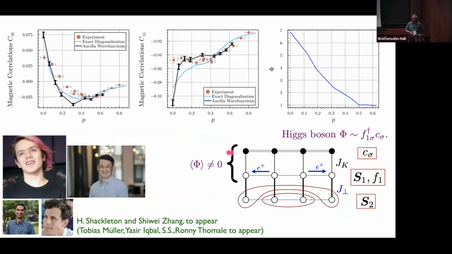The hard part here is doing the projection onto the singlet subspace. In fact, there's a certain sign problem there, but Henry has come up with some very clever ways of conquering it, at least over some reasonable system size. And then you determine phi by computing the energy. You start with the Hubbard model and minimize the energy of the Hubbard model to determine phi as a variational parameter. And it seems to work very well.